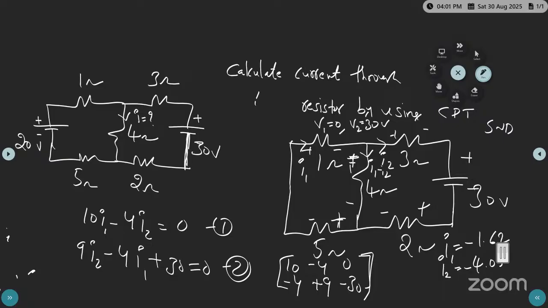So I1 minus I2 is equal to minus 1.62 minus of minus 4.05, which is 2.43.